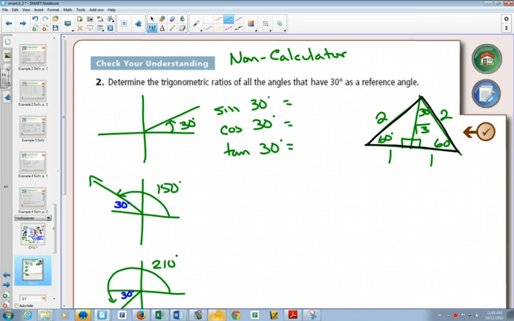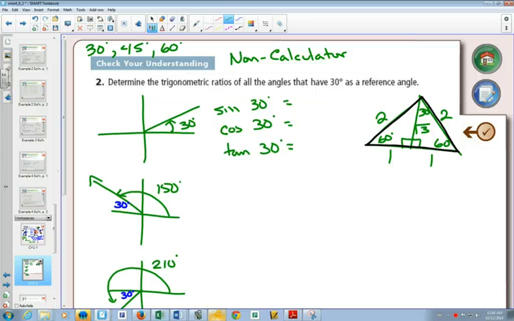Well, if you have the triangle memorized, you're supposed to memorize 30, 60, and 45. So let's write them down. Which ones do you have to memorize? You need to know 30 degrees, 45 degrees, 60 degrees.